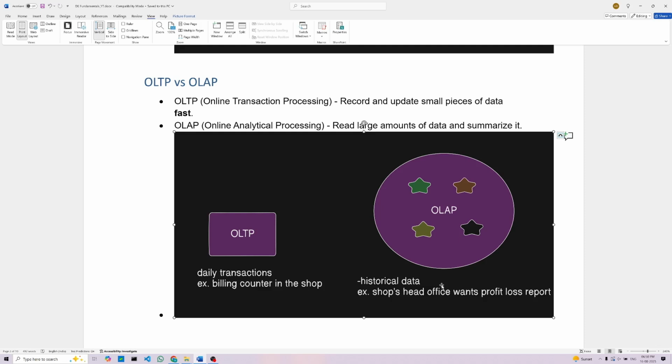End of month is not daily. So just remember like this: if you want to use daily transactions, OLTP; if you want to use it sometimes for checking historical data or a profit loss report, then OLAP systems.